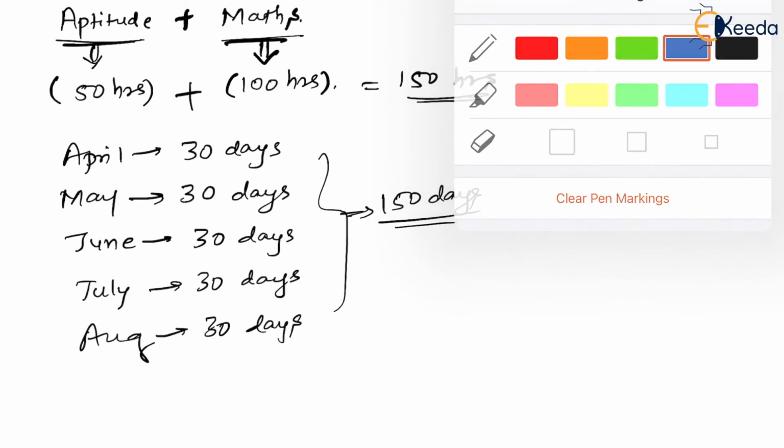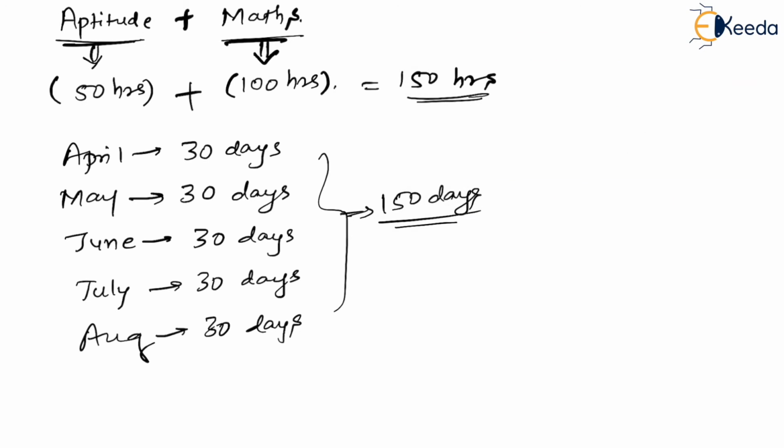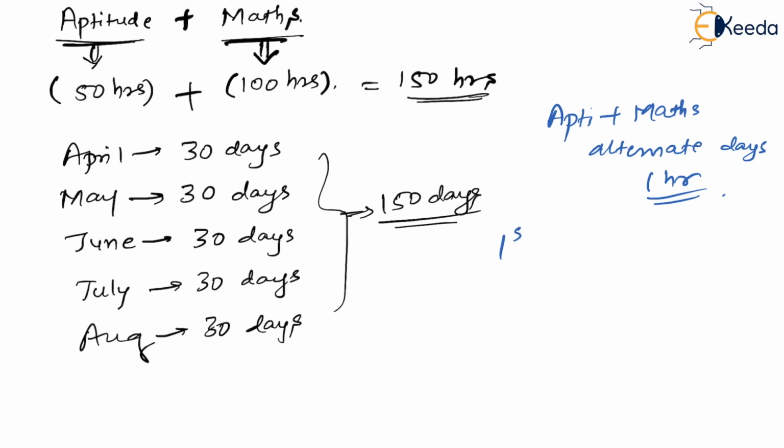So my strategy will be, you please prepare aptitude and mathematics on alternate days for 1 hour daily. For example, you start on 1st April. On the 1st April, you please do 1 hour aptitude.